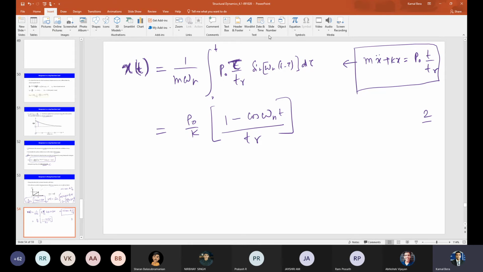Now you will force me, I think, to do the integration. So let me do it first in pen and paper. Three people. How many people are getting the same result? I have already got the first one. So minus K, TR. Then I will do the differentiation. Omega n.